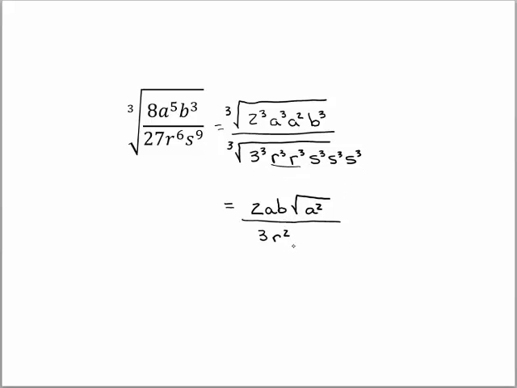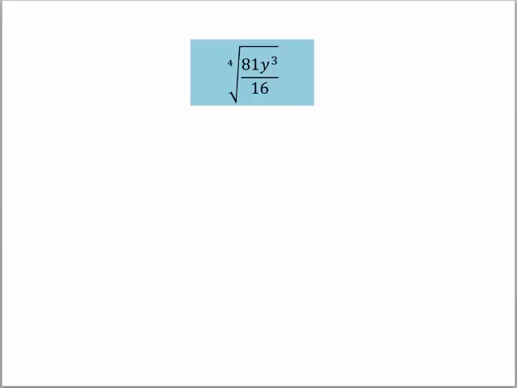We have 3s to the thirds. And there we have it. Much easier to work with this equation. All right. Try this one. Stop the video. Try to work it out.